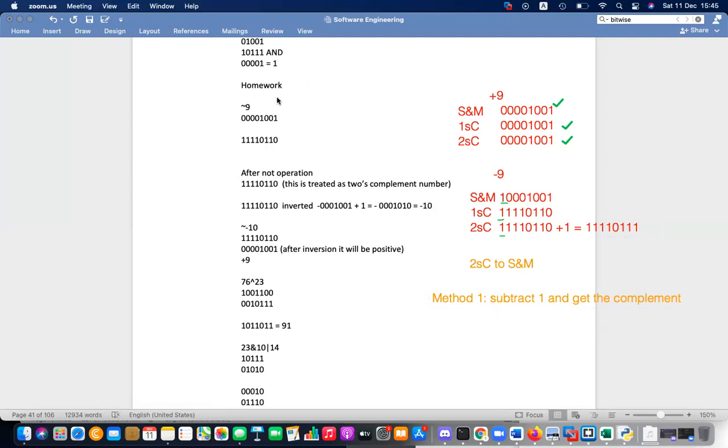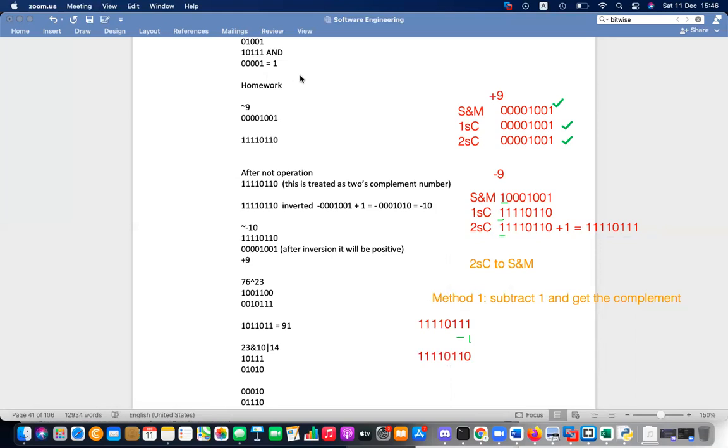Let's assume this is my 2's complement number: 1 1 1 1 0 1 1 1. First of all, you have to subtract 1 from this. Then the answer will be 1 1 1 1 0 1 1 0, because you subtracted 1.